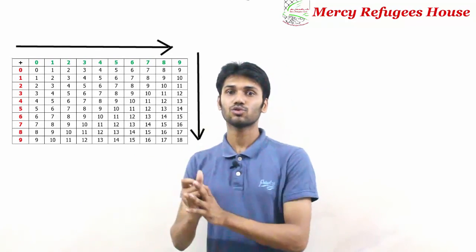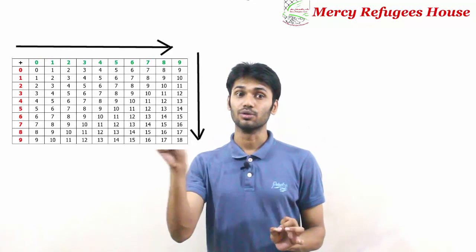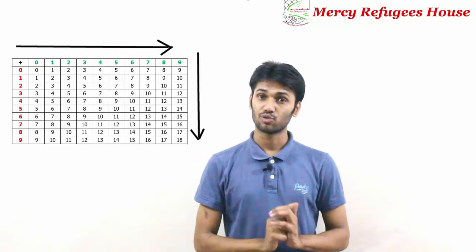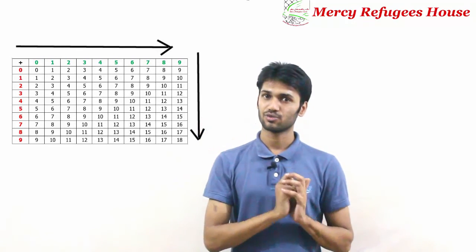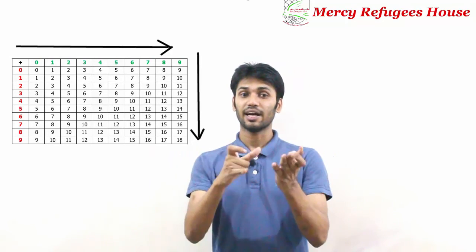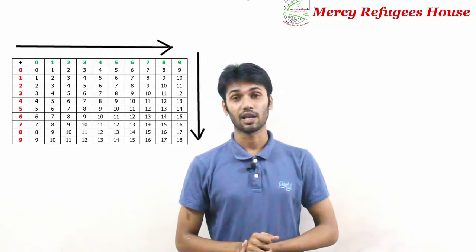Now go to the fourth column. It is adding the first column with 2. 0 plus 2 equals 2, 1 plus 2 equals 3, 2 plus 2 equals 4, 3 plus 2 equals 5, and so on. Now you can see at the end there is 11. That means 2 plus 9 equals 11.